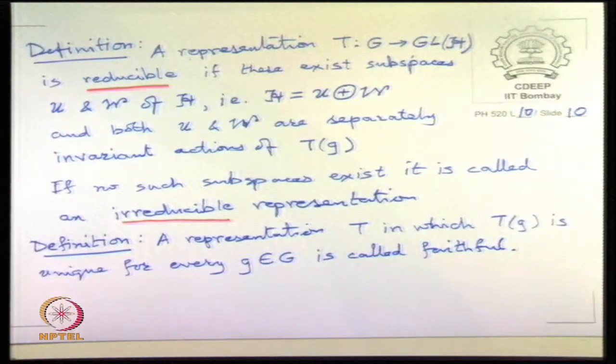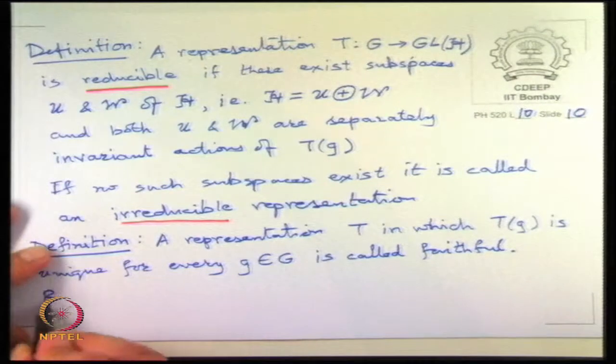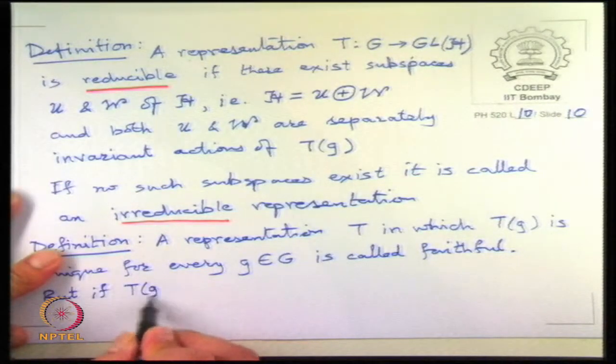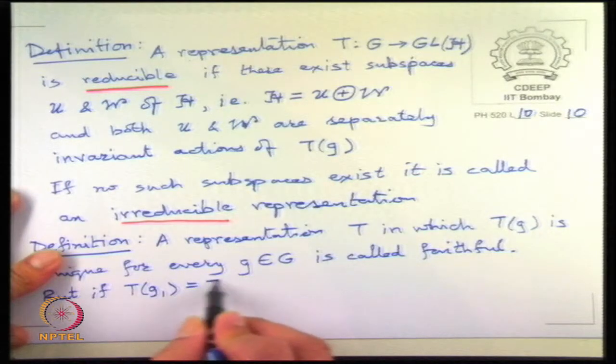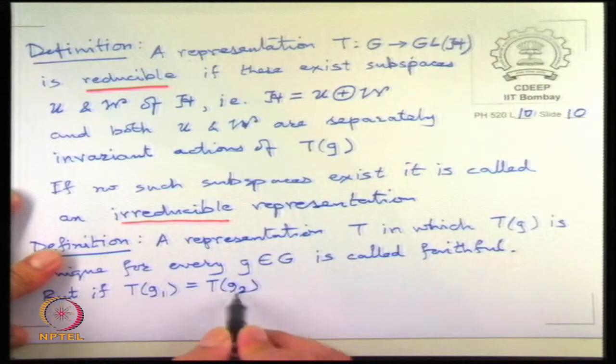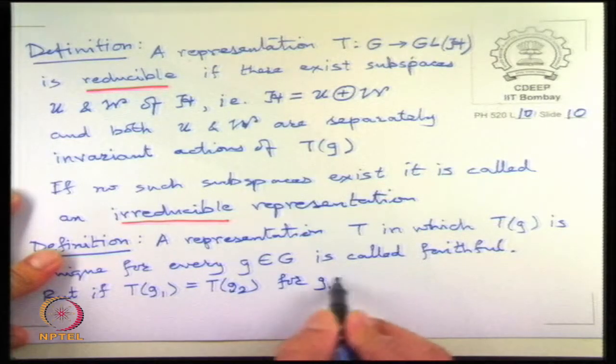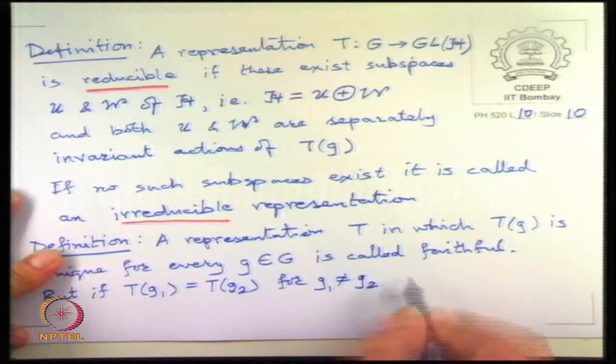But if T of G1 equals T of G2 for G1 not equal to G2, then it is unfaithful.